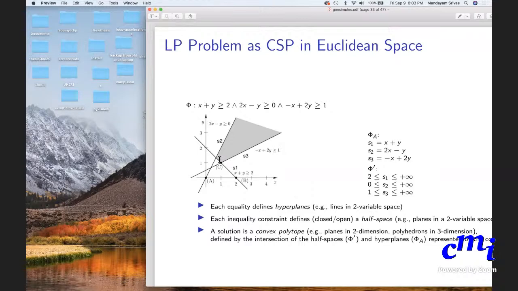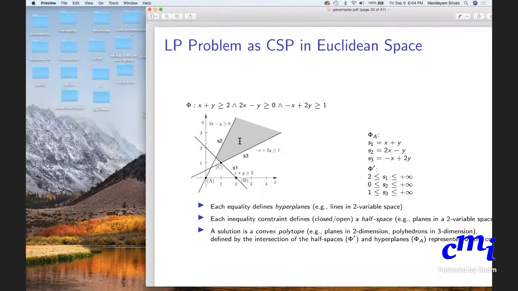The extreme points are the ones where some subset of the variables assume their lower or upper bound. So, for example, this point C could be a possible solution, or this one.